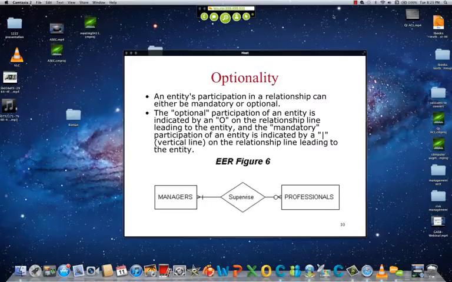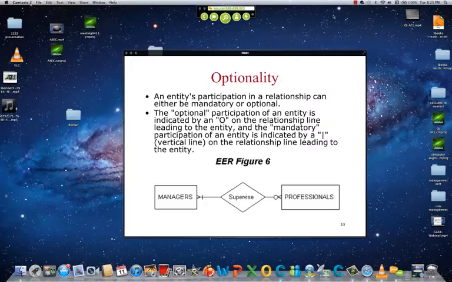So, for example, let me show you how to read this. You have managers and professionals. On the manager side, you have many, 1. On the professional side, you have optional, many. So here you have many, 1, basically many mandatory, and here you have many optional.